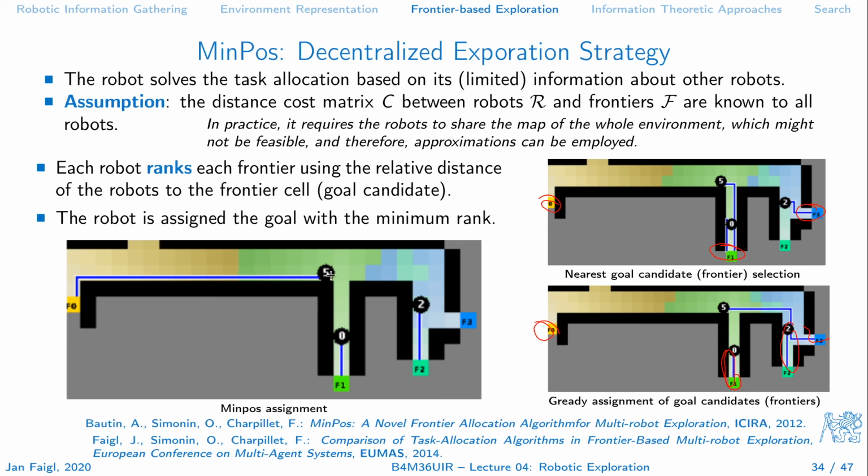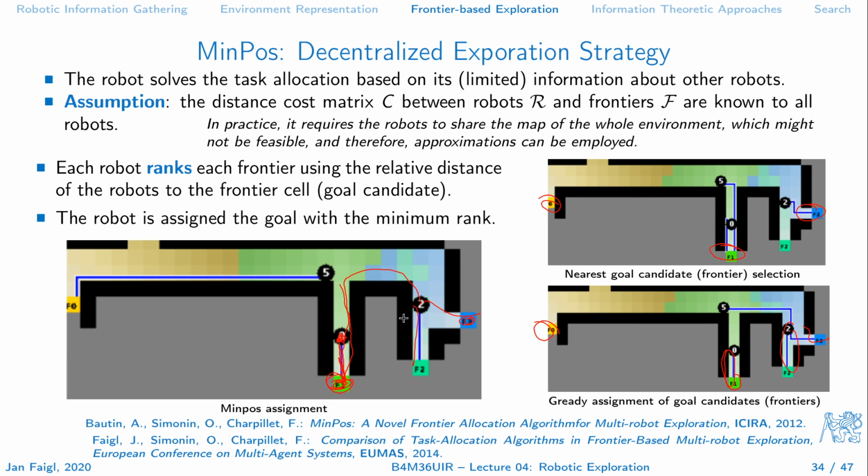If the robot has information about the map, the position of other robots and the position of the frontiers, this robot can rank them: my distance to that is like this, the distance of this robot to that is that, and this will reach that. So this is a goal for which this robot is closer. Okay, so I will decide, and same for this.